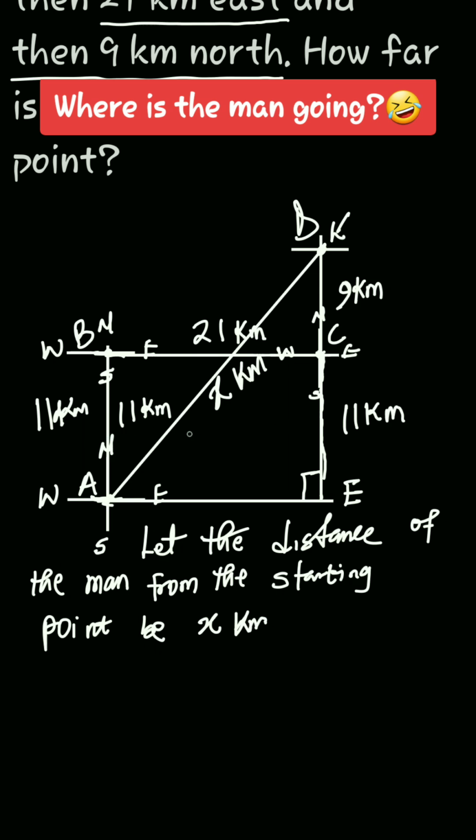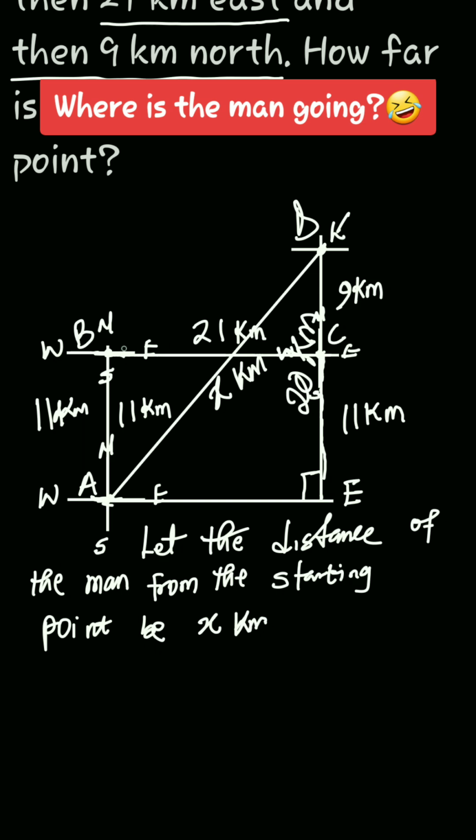Why? Opposite sides are equal. And then if CE is 11 kilometers and this is 9 kilometers, the entire length DE will be 9 plus 11 kilometers, and that is 20 kilometers.